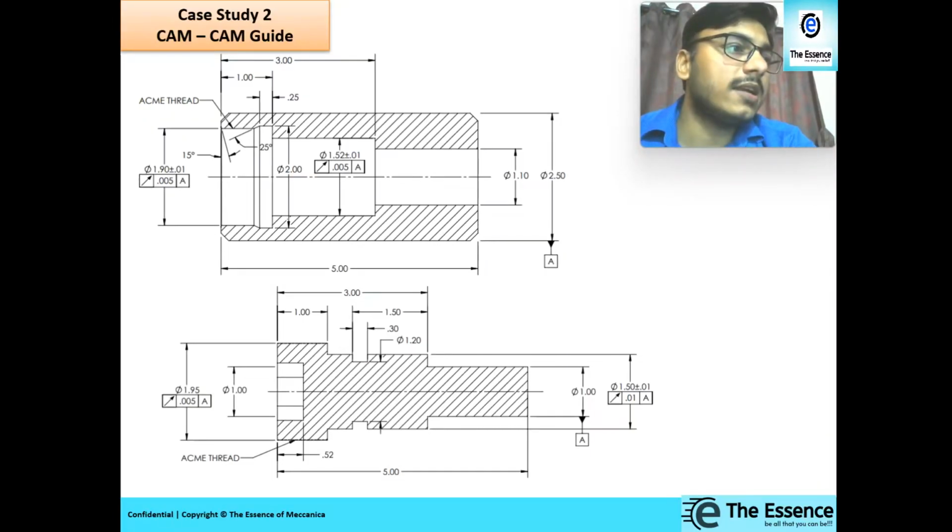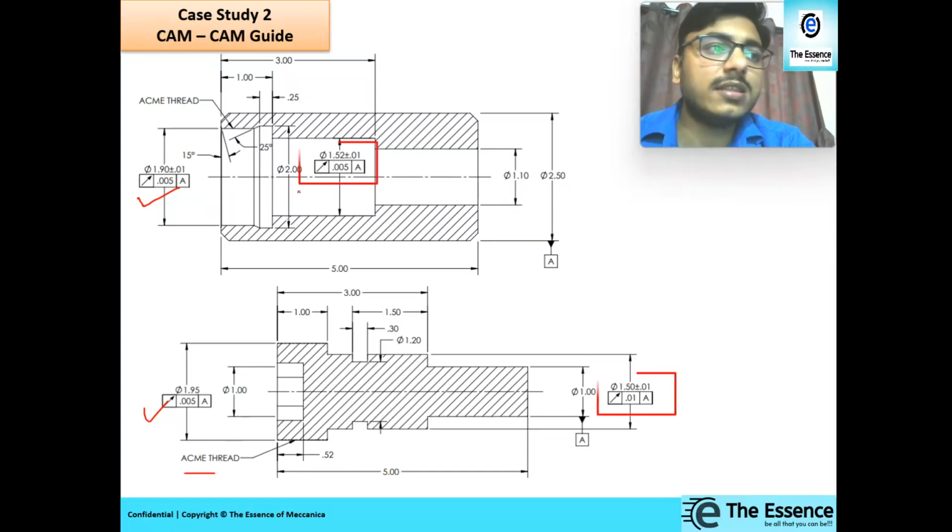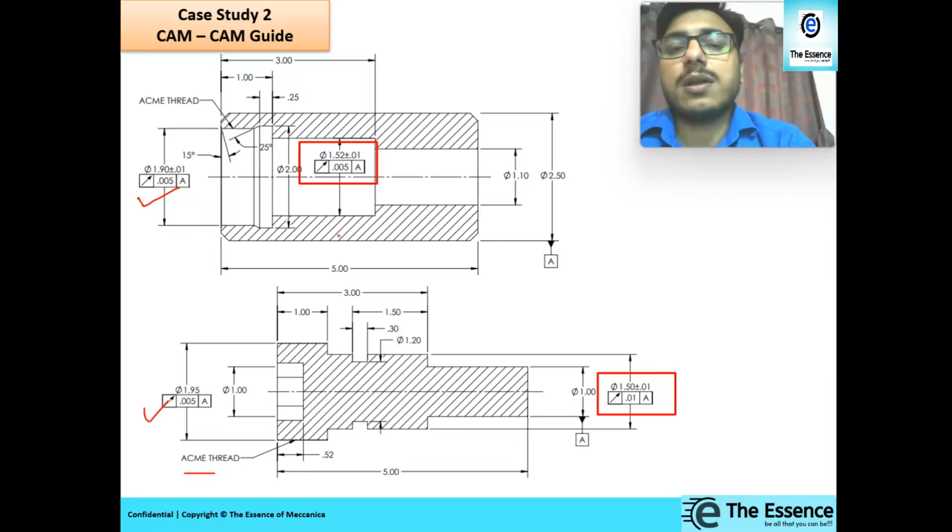Now this is the thread dimension given over there, that may be an acme thread or whatever thread it is, and then we are mostly interested in these two dimensions, how this is going to be assembled and what will happen if we do not do tolerance stack up analysis over there. So we need tolerance stack up analysis over there. Let's see why.